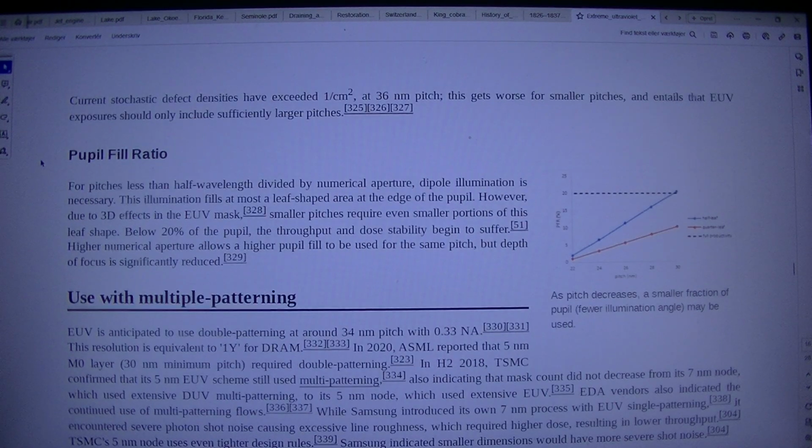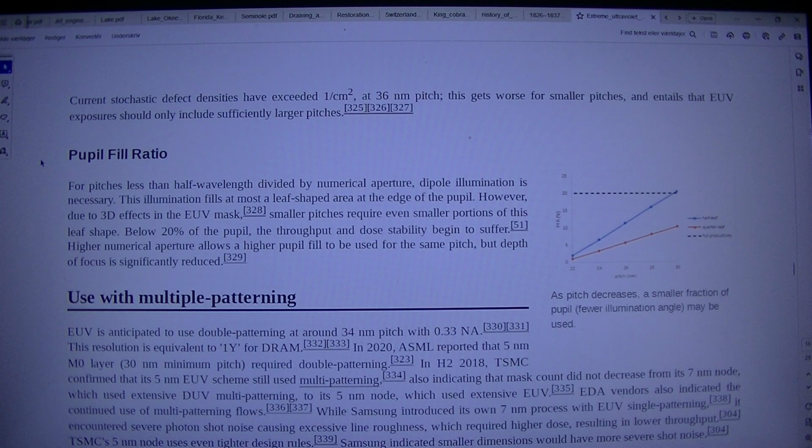Current stochastic defect densities have exceeded 1/cm2 at 36 nm pitch. This gets worse for smaller pitches, and entails that EUV exposures should only include sufficiently larger pitches.